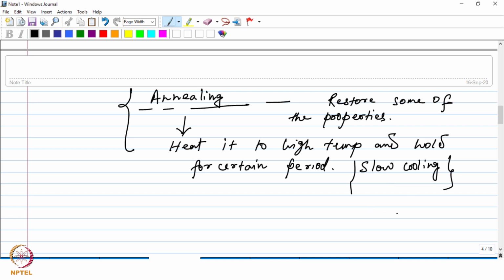may not be obtained. Okay, so depending on the cooling rate, you have another process which is very similar to annealing, but it is not really annealing. That would be called normalizing.